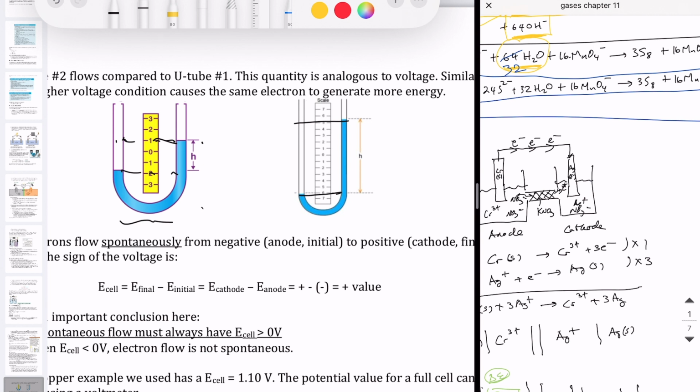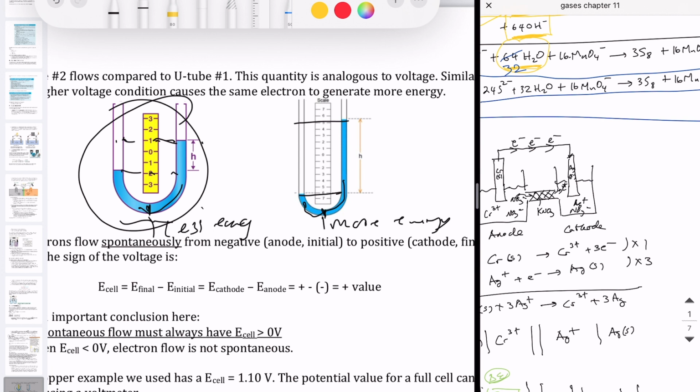If there's a stopcock in the middle and we open it up, there's a lot more energy that's going to be transferred when the water moves from right to left compared to the one here. So more energy on this one, less energy on this one.